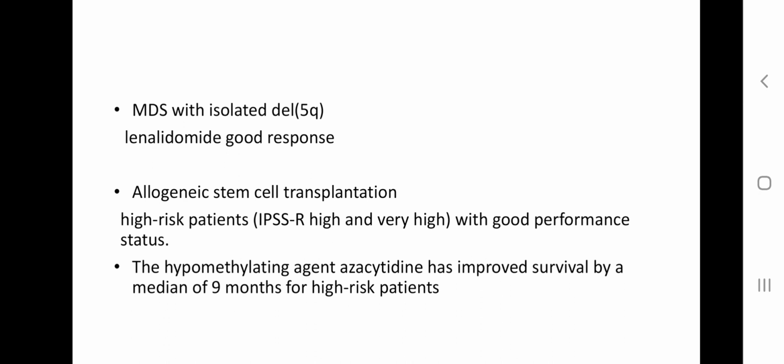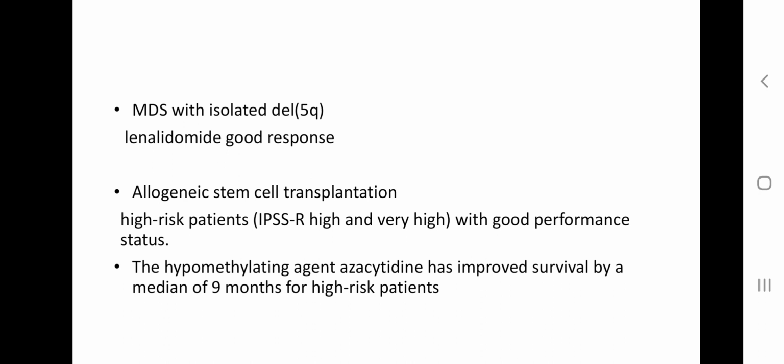Allogeneic stem cell transplantation is the definite treatment, but because MDS happens in patients above 80 years, usually the comorbidities and the functional status of the patient rule out the possibility of a stem cell transplantation.